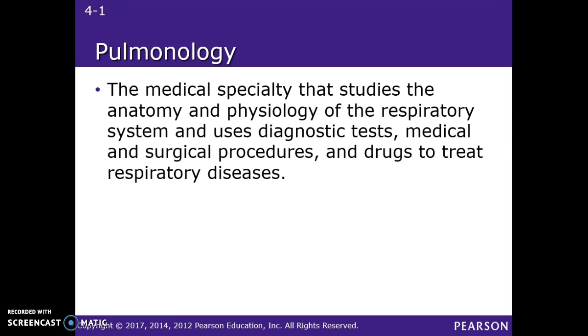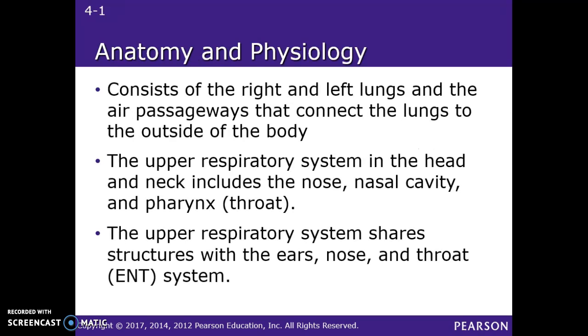So, of course, when we think about the respiratory system, the lungs is probably the most common thing that you think of, but there's more to the respiratory system than just the lungs. All of the passageways coming in and out of the lungs are part of the respiratory system as well.